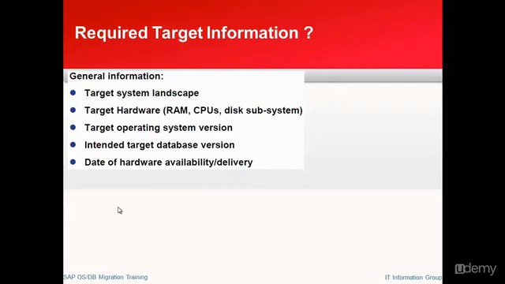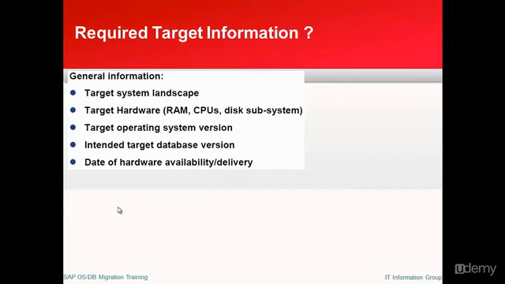Now for the target system, we need the target system landscape. We need the information about the target hardware. We need to do the sizing based on the upgrade requirement, that is if we migrate, what is going to be the requirement in the new hardware, what type of compression is there in the newer system.